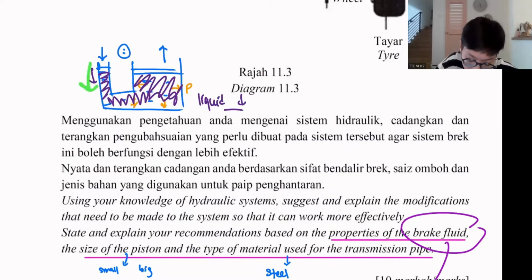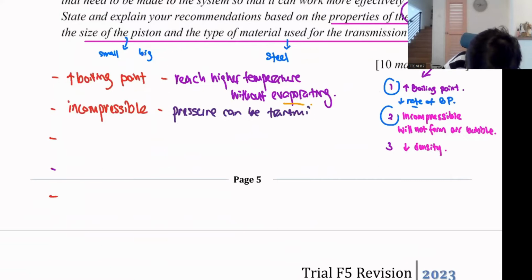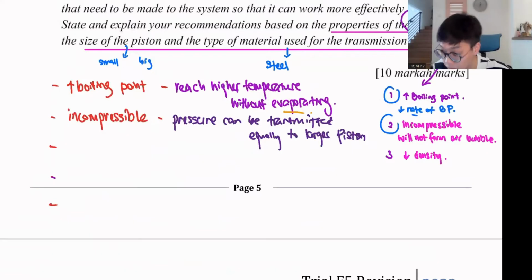So you press this one, the water becomes lesser, but this thing won't go up. So it has to be incompressible so that the pressure can be transmitted equally to the larger piston. Okay, so your pressure can be transmitted equally to the larger piston. So this is the aim.